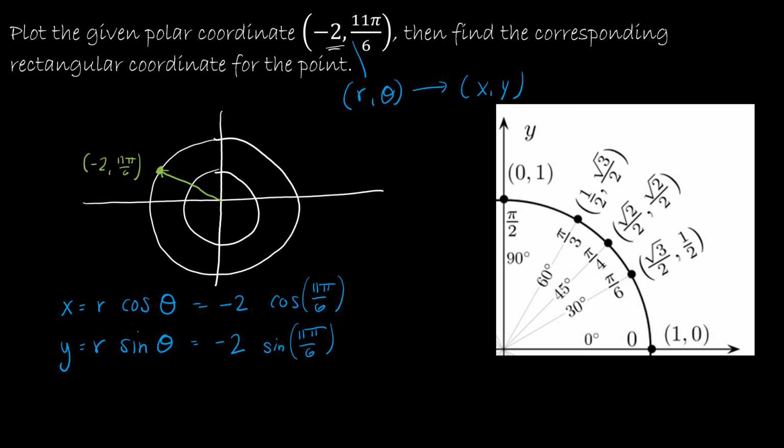Now, of course, there's different ways to find cosine and sine of 11 pi over 6, but the easiest is the unit circle. And typically, you should have, hopefully, memorized just the first quadrant of the unit circle, because if you have, then this is actually very, very easy. If we're looking at 11 pi over 6, which we know is just down here, all we're going to do is compare it to pi over 6 and then take a look at the signs.